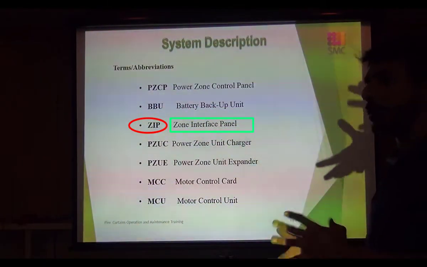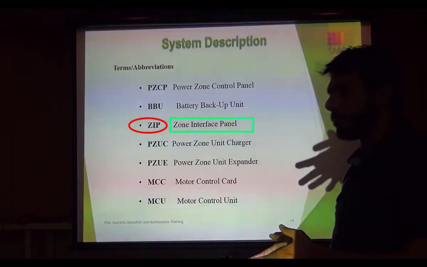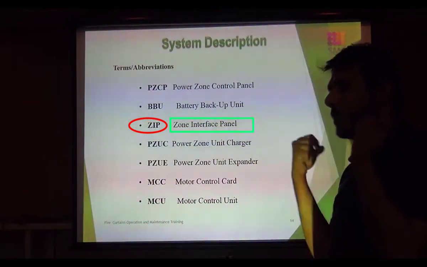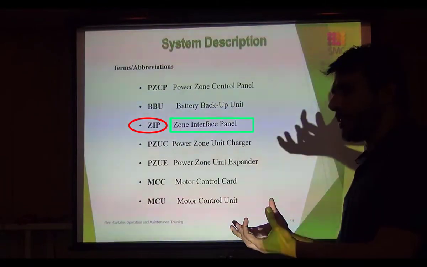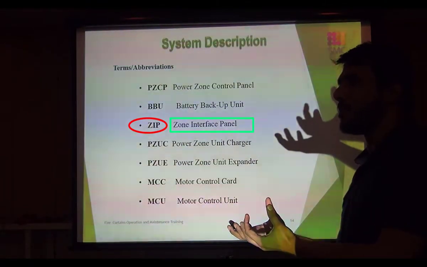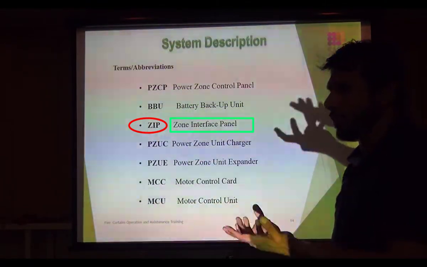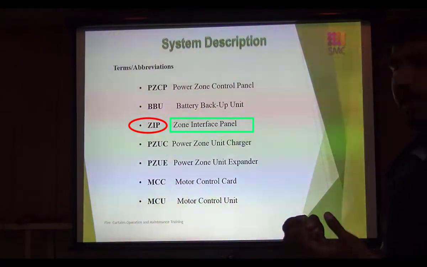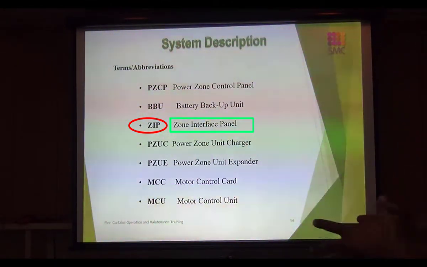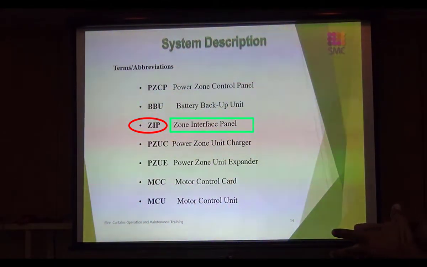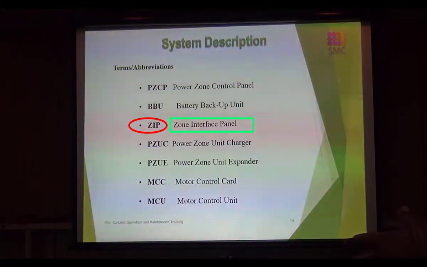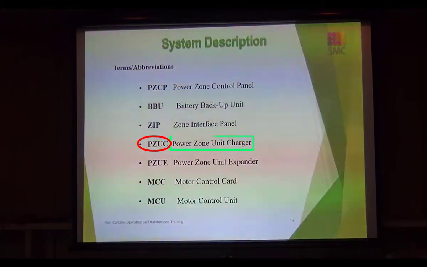And then there is ZIP, zone interface panel. It is not used here, but it is used to interface different zones. Sometimes in some projects, some places, the strategy requires some interfacing between the different zones. Then we use the zone interface panels. Then there is PZUC, power zone unit charger.